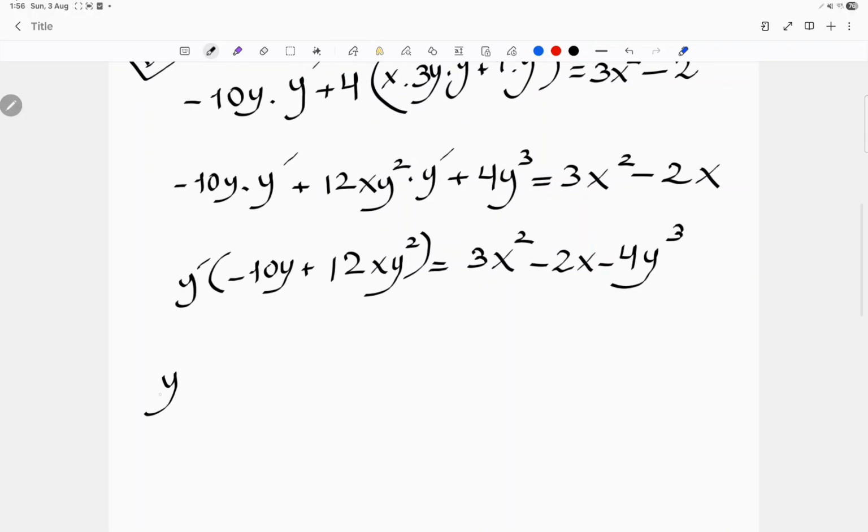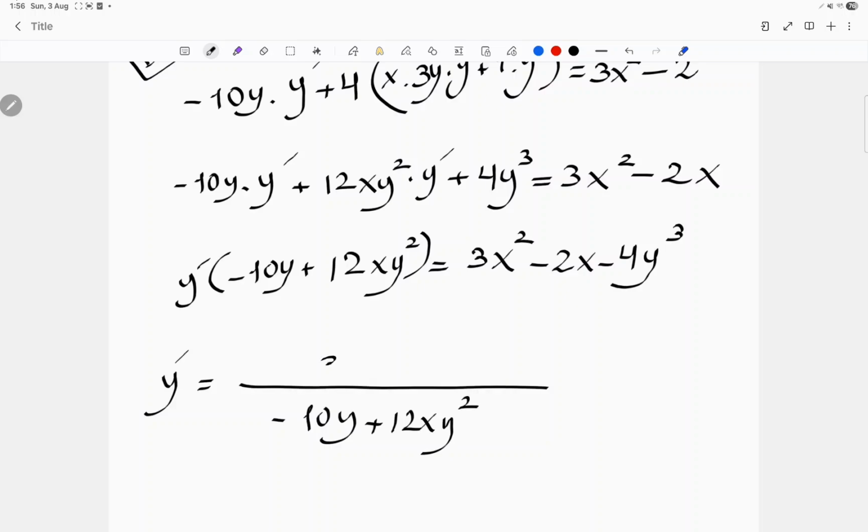And so y prime is equal to, move this under, on top 3x squared minus 2x minus 4y cubed. The negative 10y stays negative? Yes, because I didn't move it.